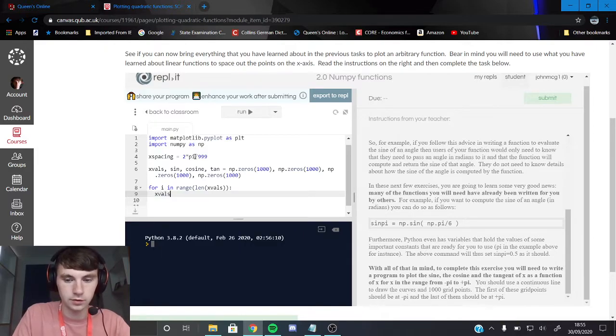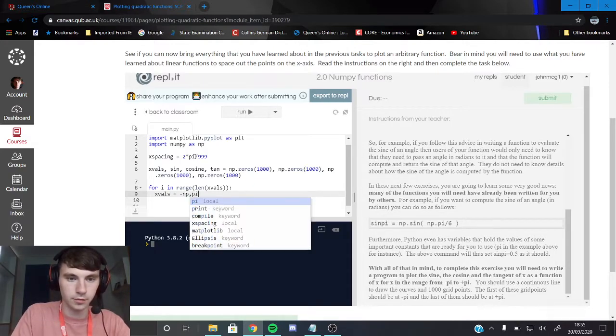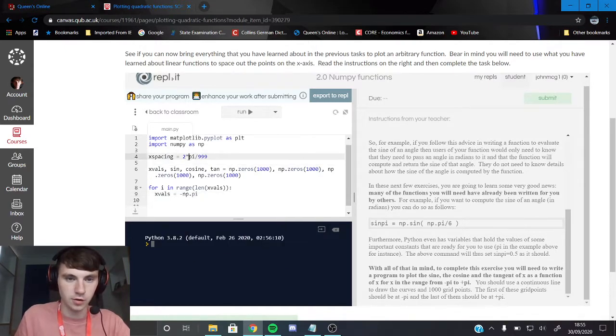x vals i is equal to minus pi. Oh, there we go. That was one of the problems I spotted, my bad. It's np.pi, because pi isn't just there on its own, since pi could be just another variable, so you have to put the np before it.